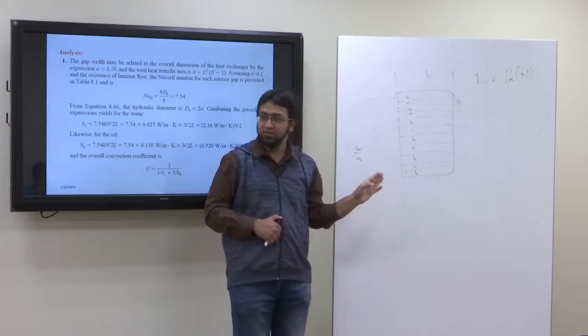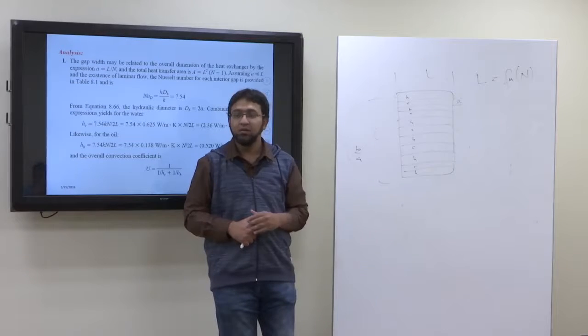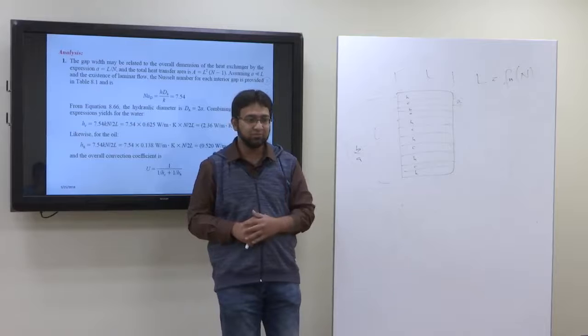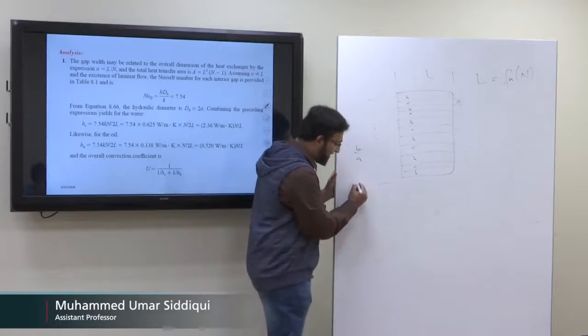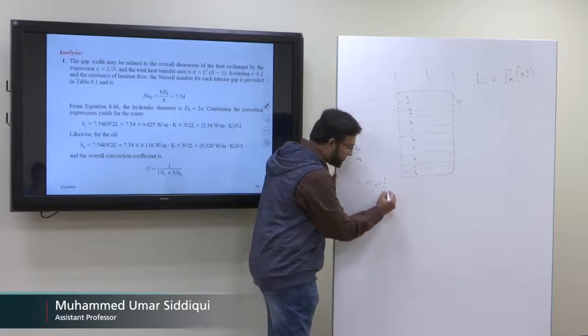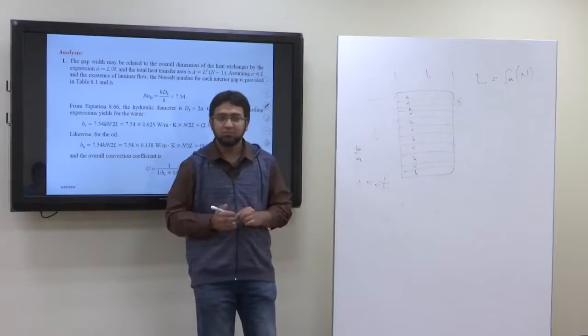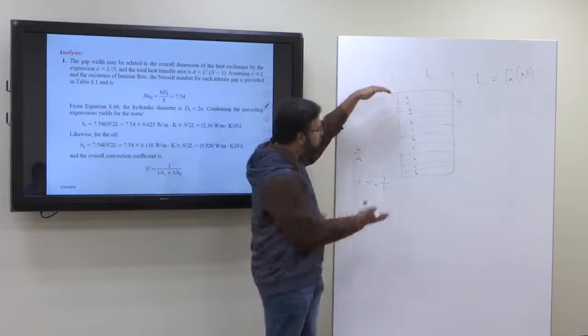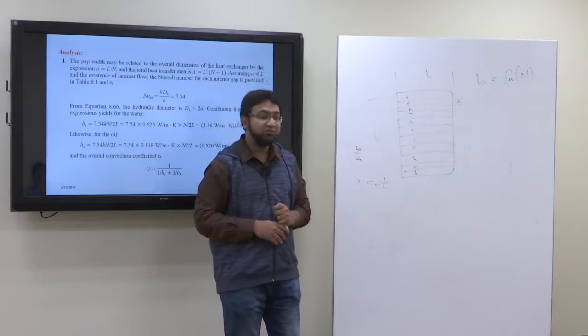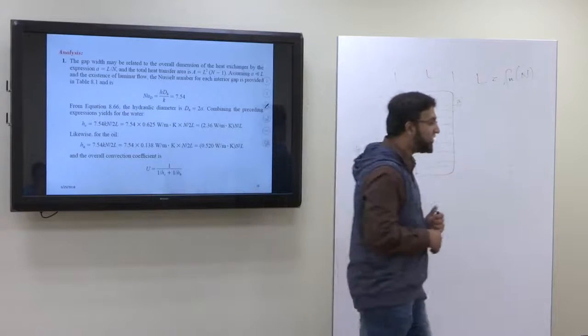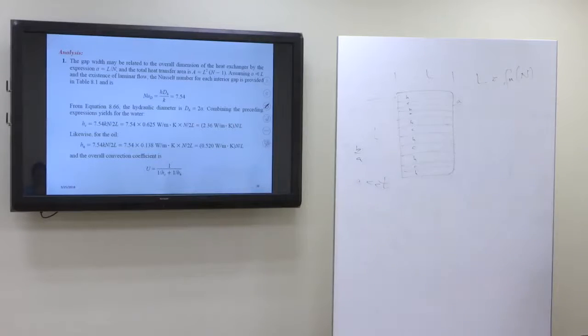The total is L, N multiplied by A equals L. So we have many gaps within this length, so we can assume that A is very, very small compared to L.